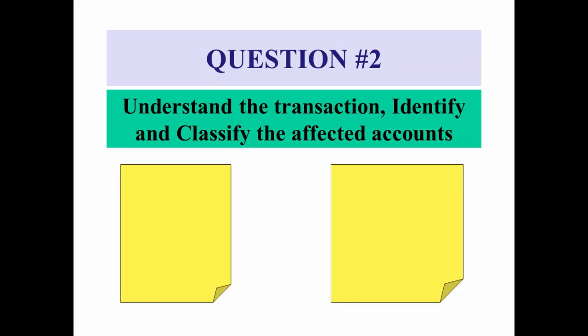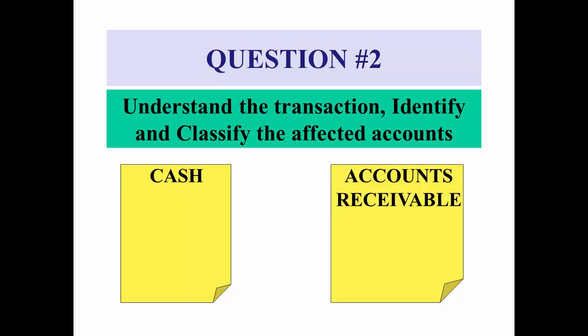Okay, so we know what the business is receiving and giving up. It's receiving cash, so we'll use cash as an account, and it's giving up the fact that the customers owe us less. Whenever customers owe us, we're going to use accounts receivable.